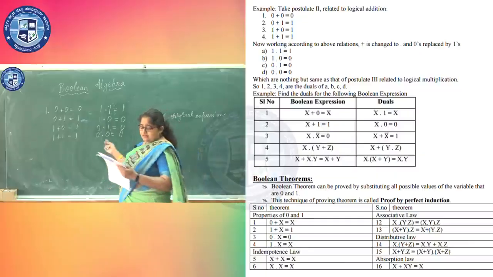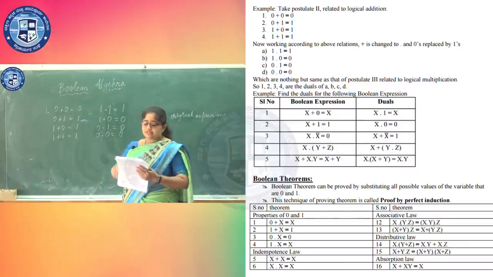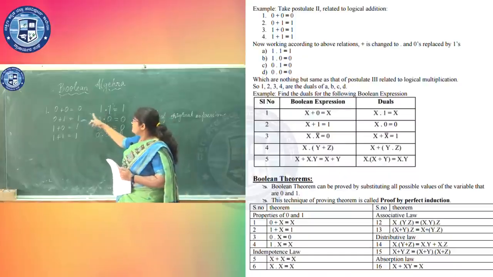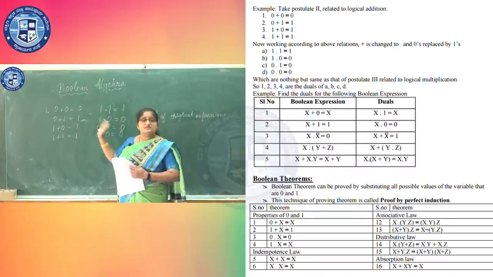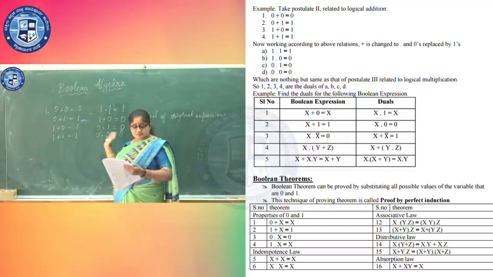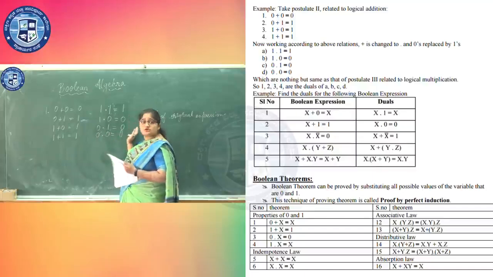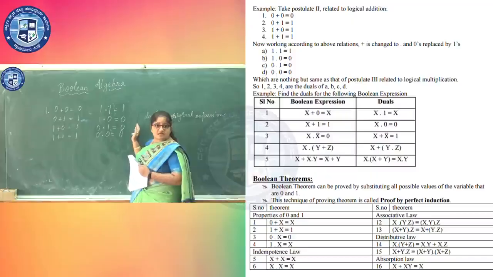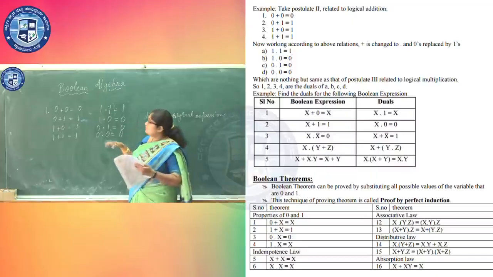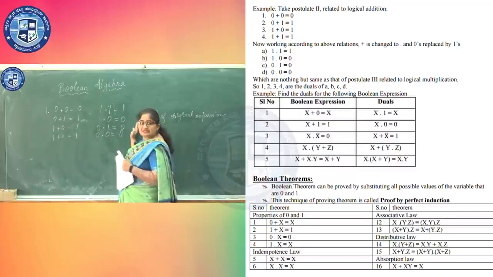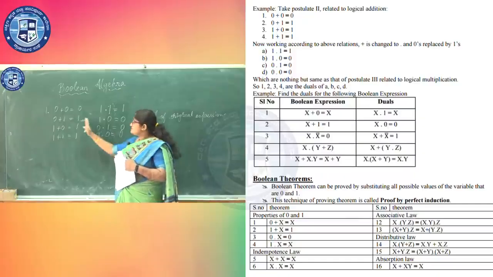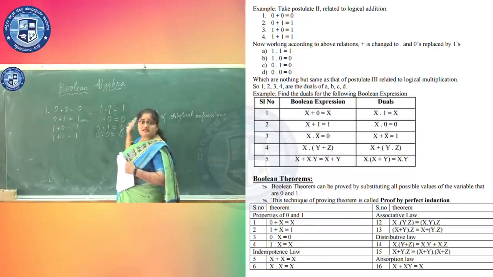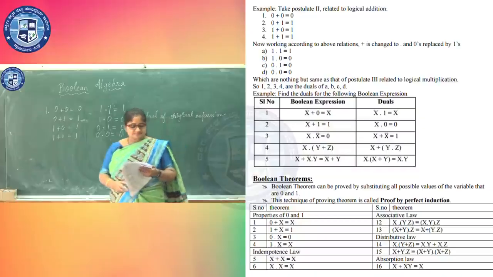Plus is changed to dot, 0 is changed to 1, but still the relations or the expressions are not harmed. So, these are the duals of this one. This is the original expression, and these are the duals.